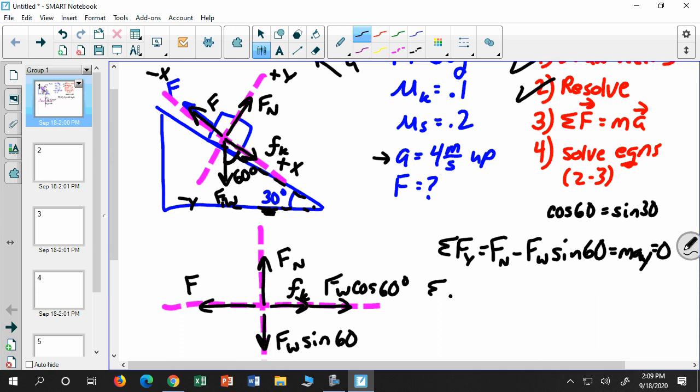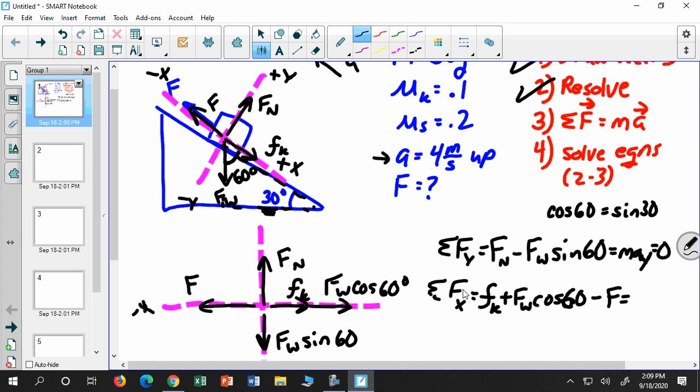And then the sum of the forces in the x direction, let's see, I have Fk plus Fw cosine 60, minus F. It's minus F because F is on the negative x-axis over here. This is a negative x, so it's minus that value. This is a 60.